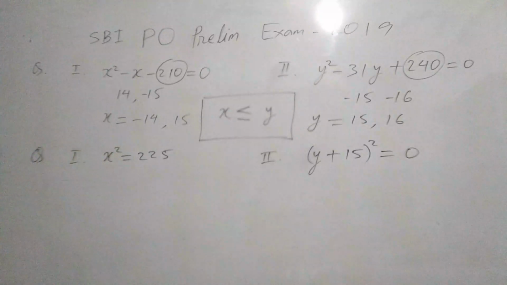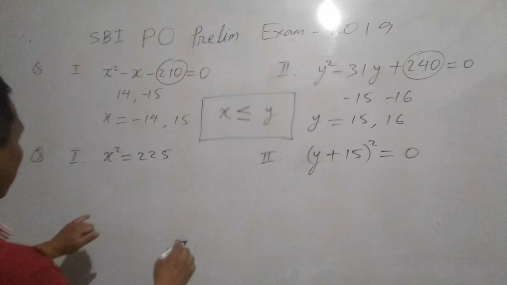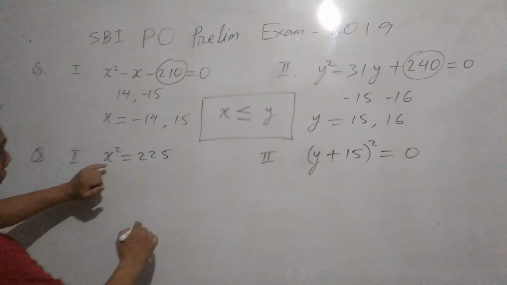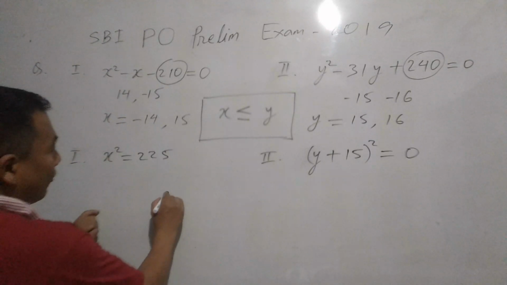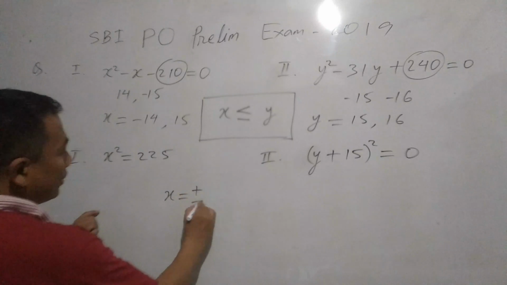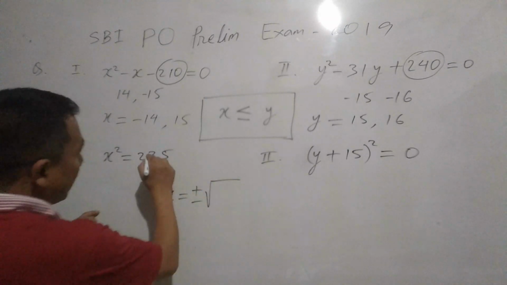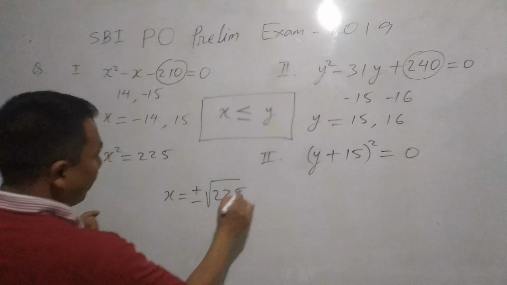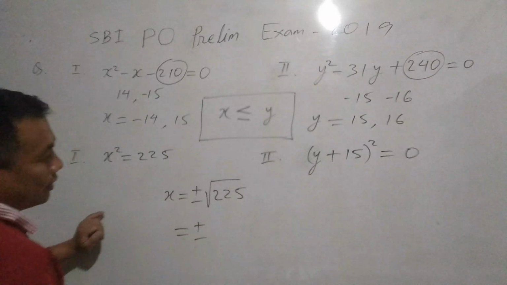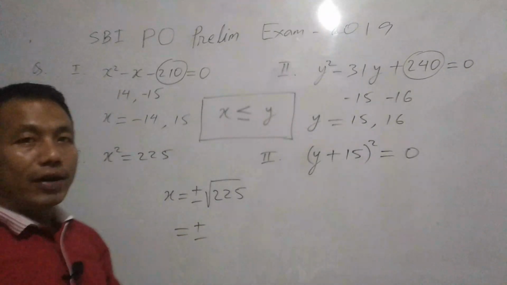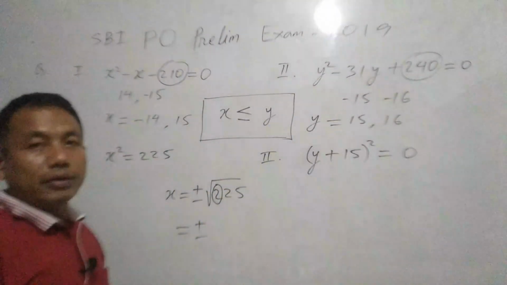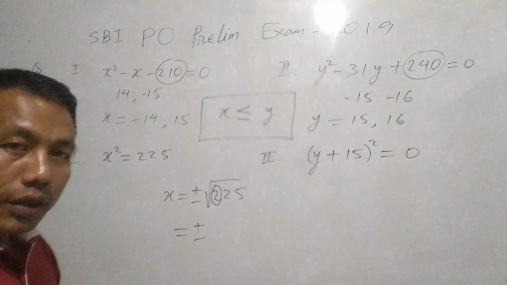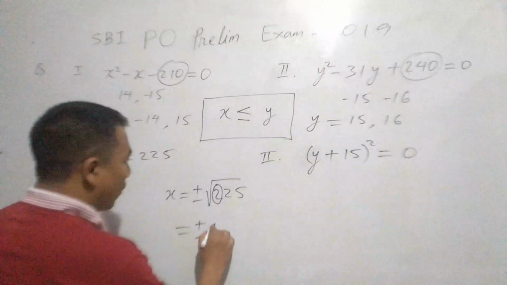Okay. Now let's move to the next question. When we take out the square on the left, we'll have plus minus square root of the right hand side. That is 225. Again, plus minus square root of 225: 2 is the product of two consecutive natural numbers, that is 1 and 2. Select the smaller number, 1.